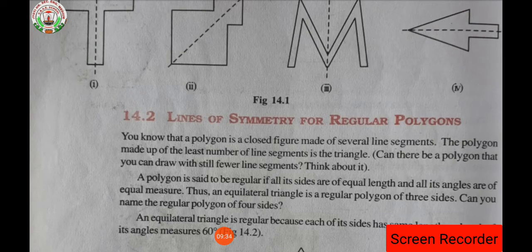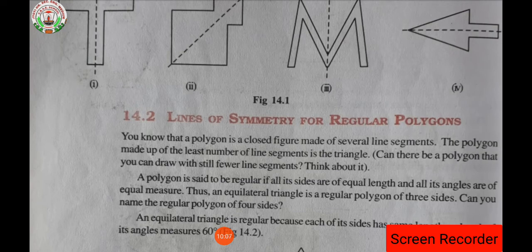What do you mean by polygon, student? A polygon is a simple closed figure made by line segments. When a simple closed curve is formed by using straight lines, that type of figure is said to be a polygon, isn't it?